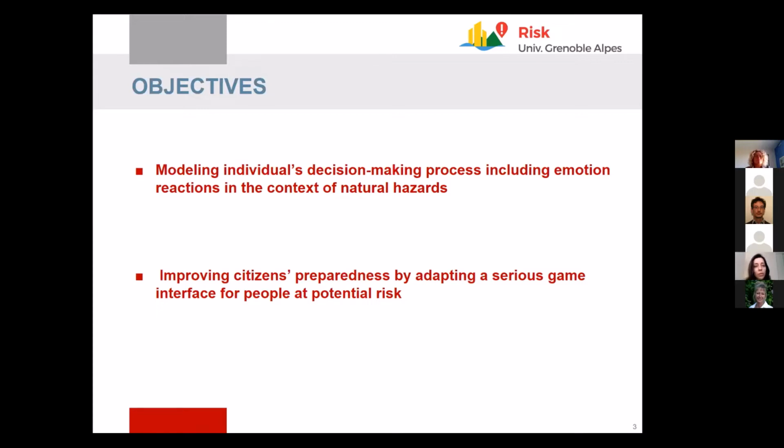So we want to model their decision-making process and the emotion reactions they have in natural risk incidents. And then in the end, after reaching these two objectives, we want to apply these findings on a serious game interface to help people improve their preparedness by adapting the interface to their emotion, based on the serious game concept.